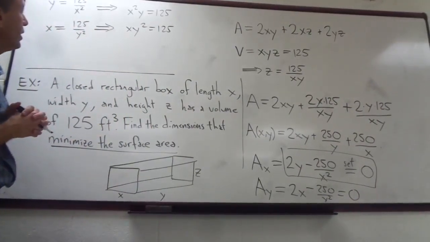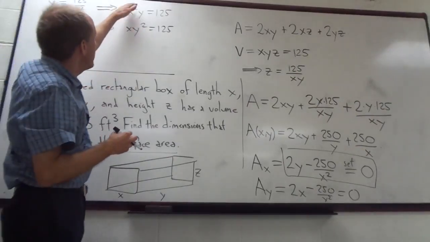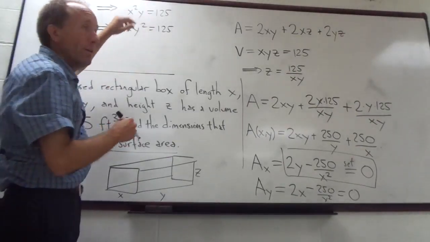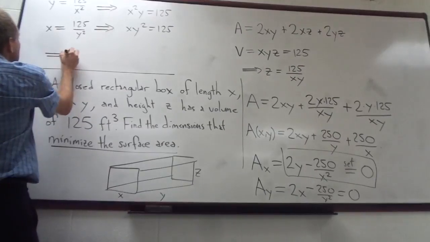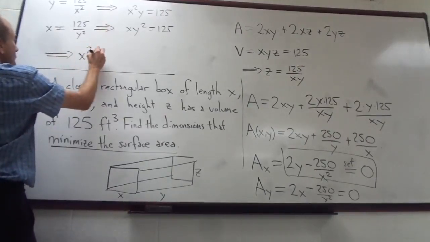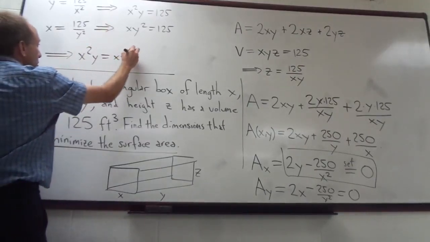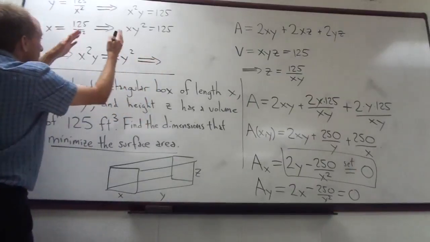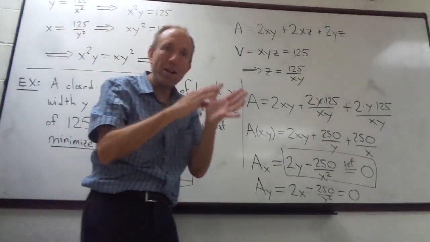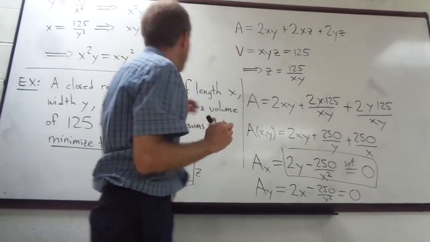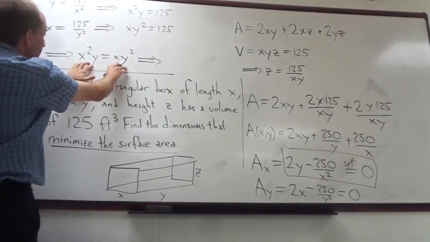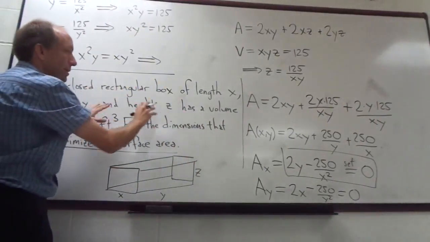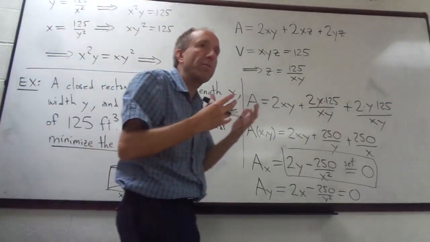So far, so good. Well, actually, this means that these two equations are equal to each other, right? So we can actually conclude here now that x squared y is equal to xy squared. Normally, when you're canceling, you have to make sure you're not canceling a 0 from an equation. But in this case, notice that the x, the y, and the z have to be positive numbers.